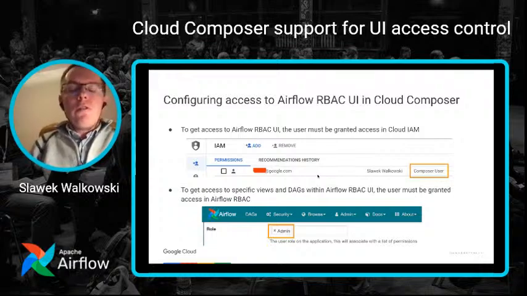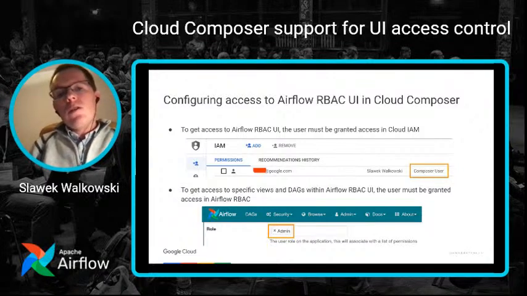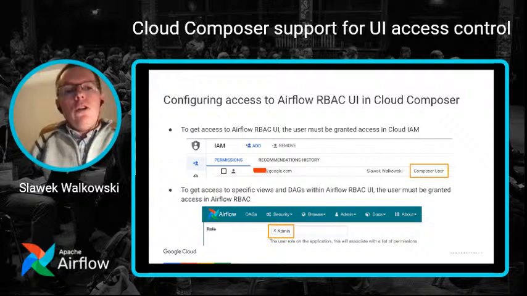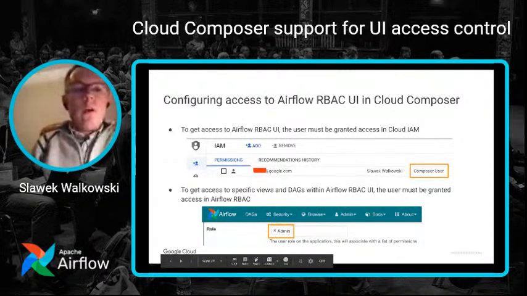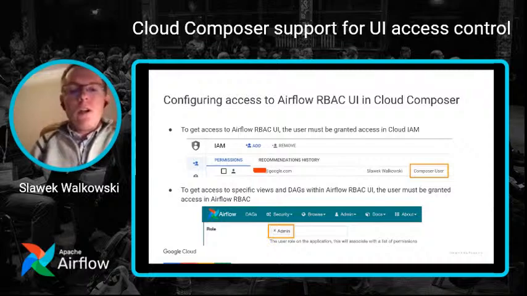And then for Airflow permissions, I mean the access control settings within Airflow, you set this configuration in the Airflow RBAC UI, so the user must be granted appropriate roles to view appropriate pages, access specific DAGs, and so on.